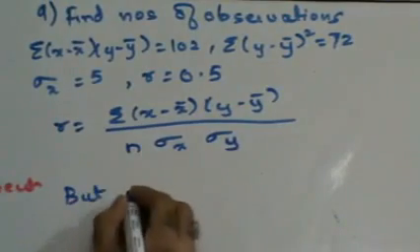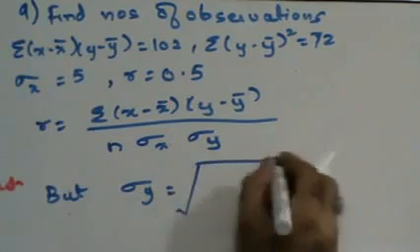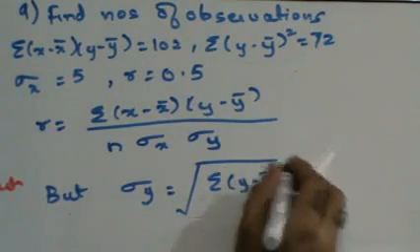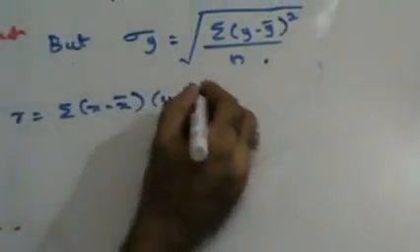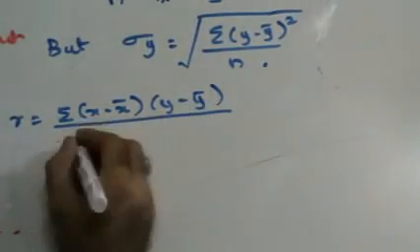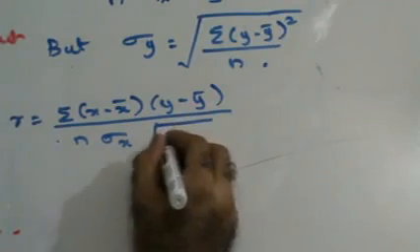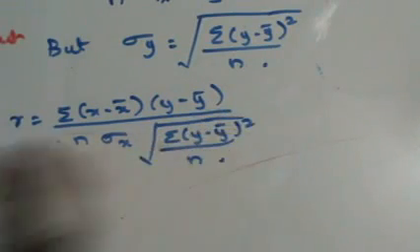But we know that standard deviation of y is nothing but square root of sigma (y minus y bar) the whole square upon n. I can substitute this value in the above formula, in which case I'll get R is sigma (x minus x bar)(y minus y bar) upon n times standard deviation of x into square root of sigma (y minus y bar) the whole square upon n.